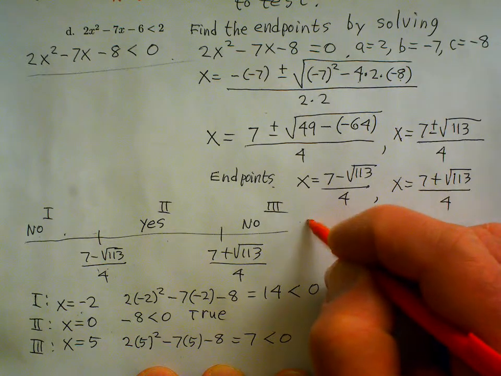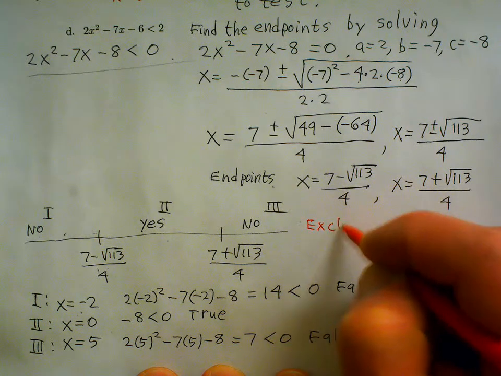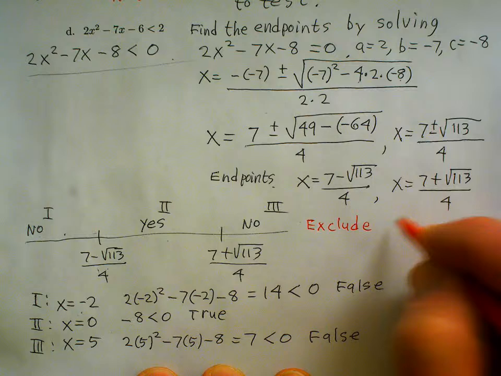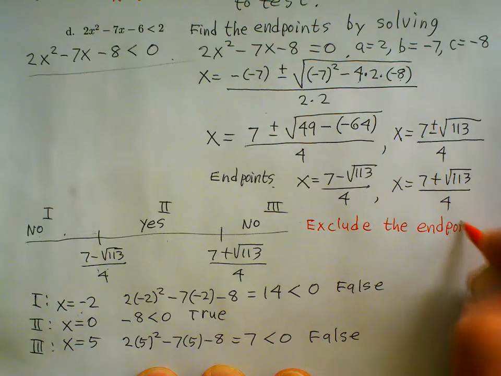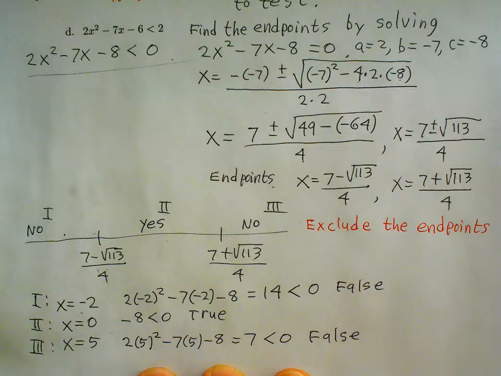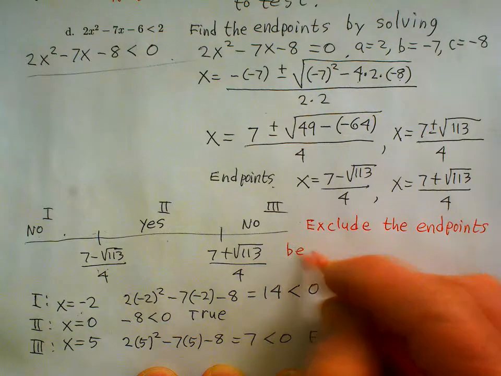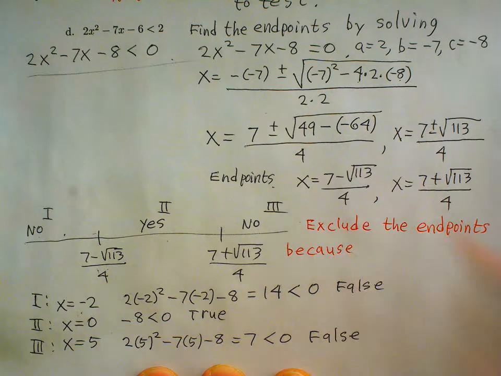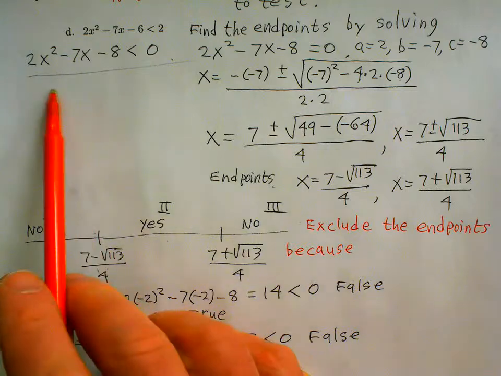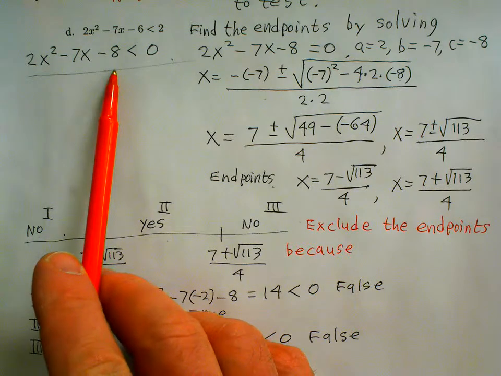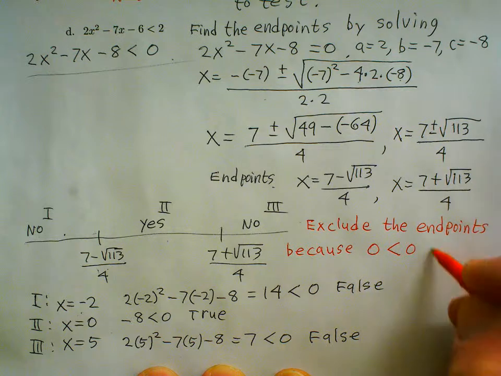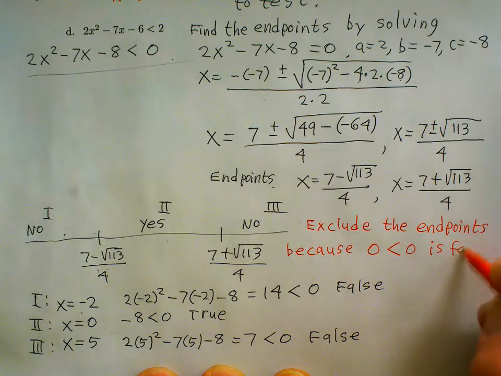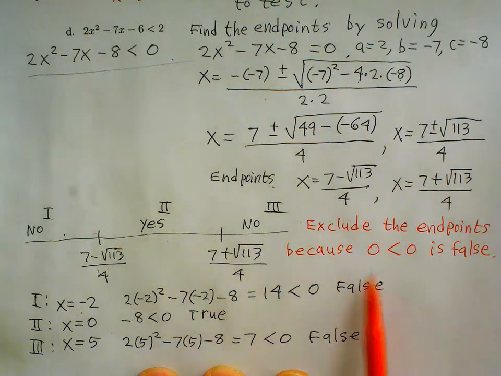So I'll just make a note, exclude the endpoints because each endpoint makes 2x squared minus 7x minus 8 equal to 0, but 0 less than 0 is false. No number can be less than itself.